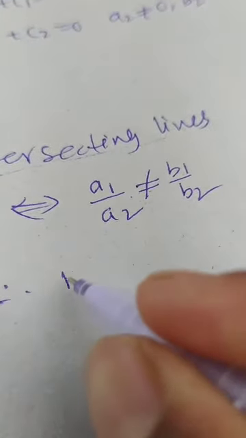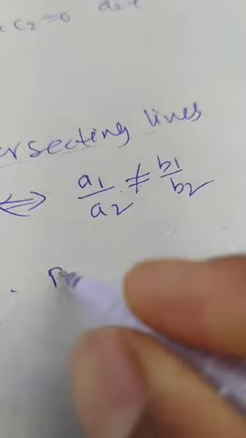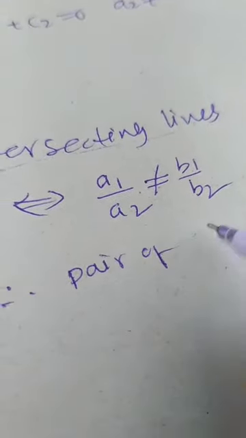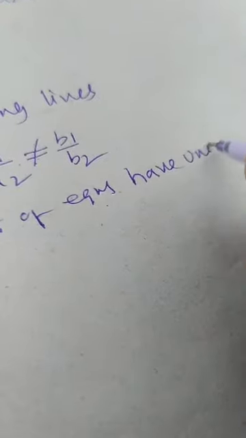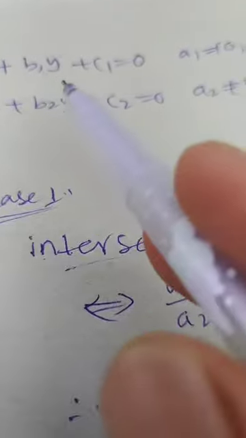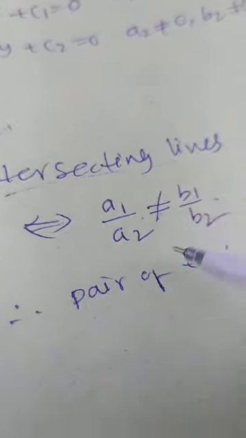Therefore, the pair of equations has a unique solution. Unique solution means one solution. So how to know? By taking the ratio of the x coefficients and the ratio of the y coefficients. If they are not equal, then the lines are intersecting.